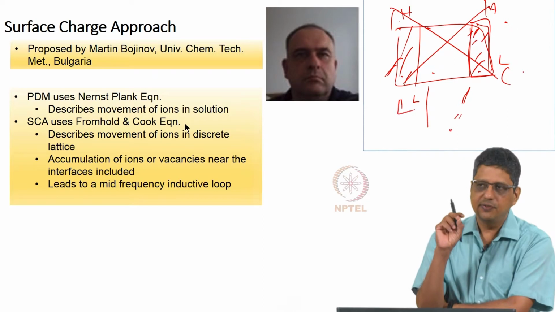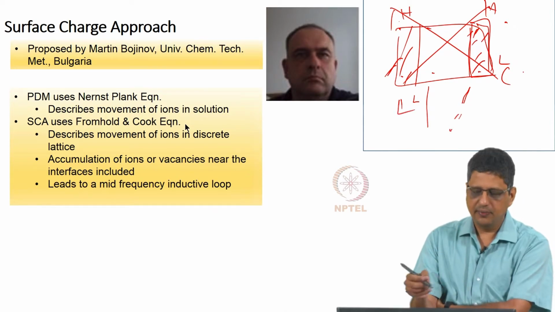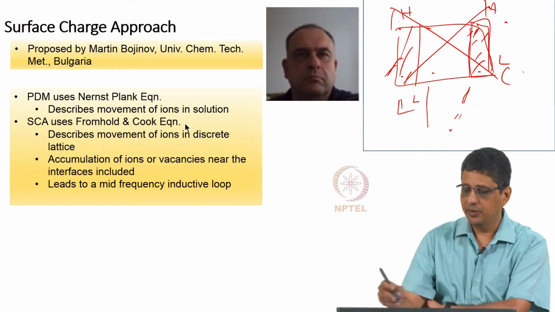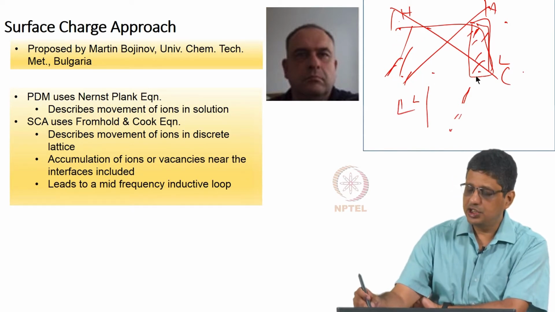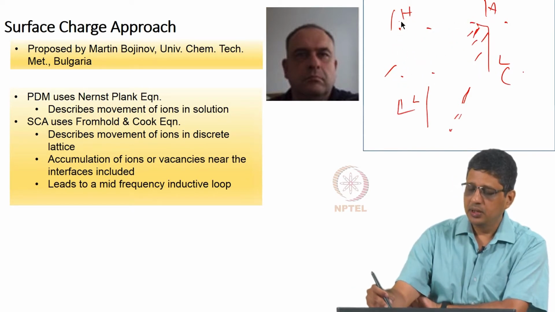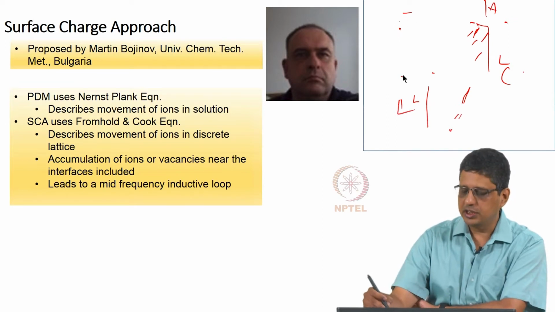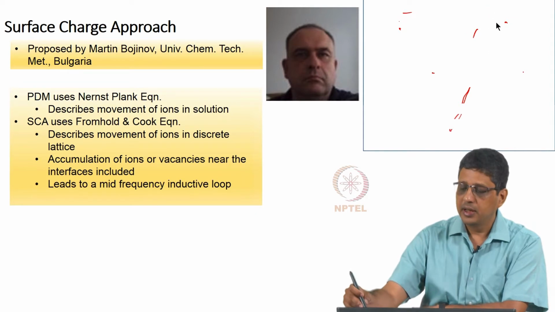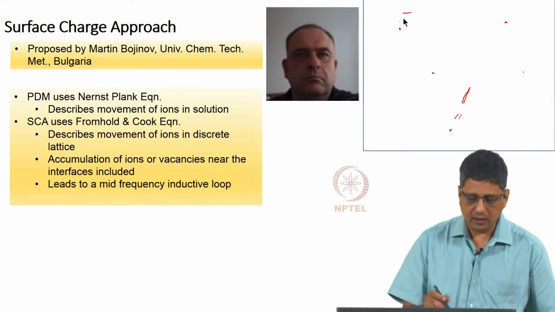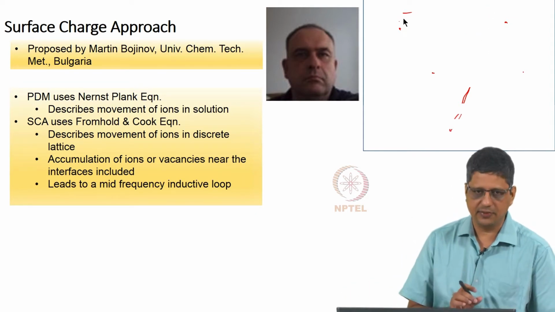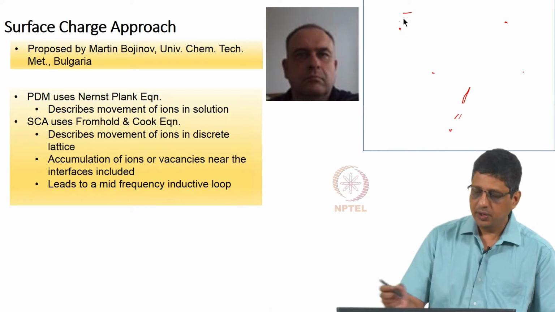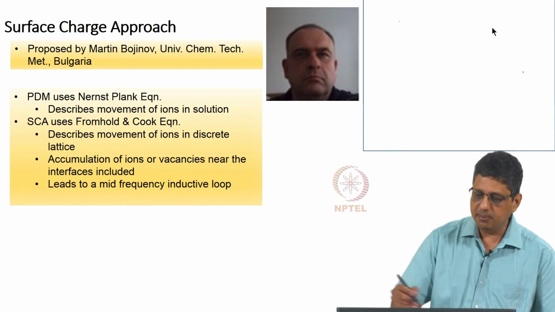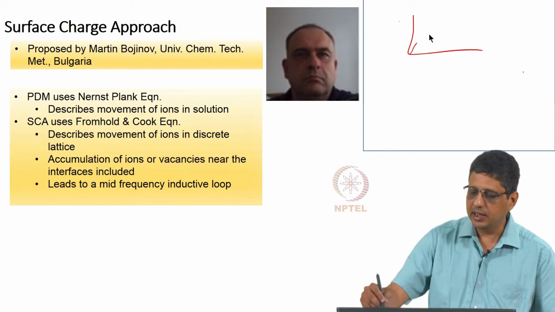We normally think it is very small, but this model says that it may not be small. The distribution of charge at various locations is non-uniform, and that, along with this variation of thickness of the film, is all included in this model, and this model predicts that at mid frequencies you will get an inductive loop.